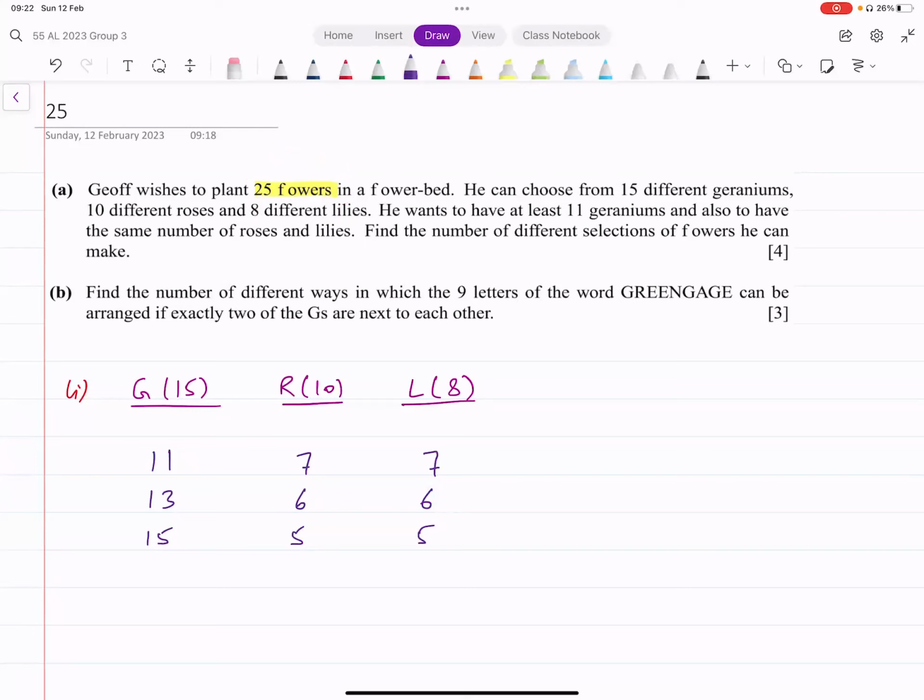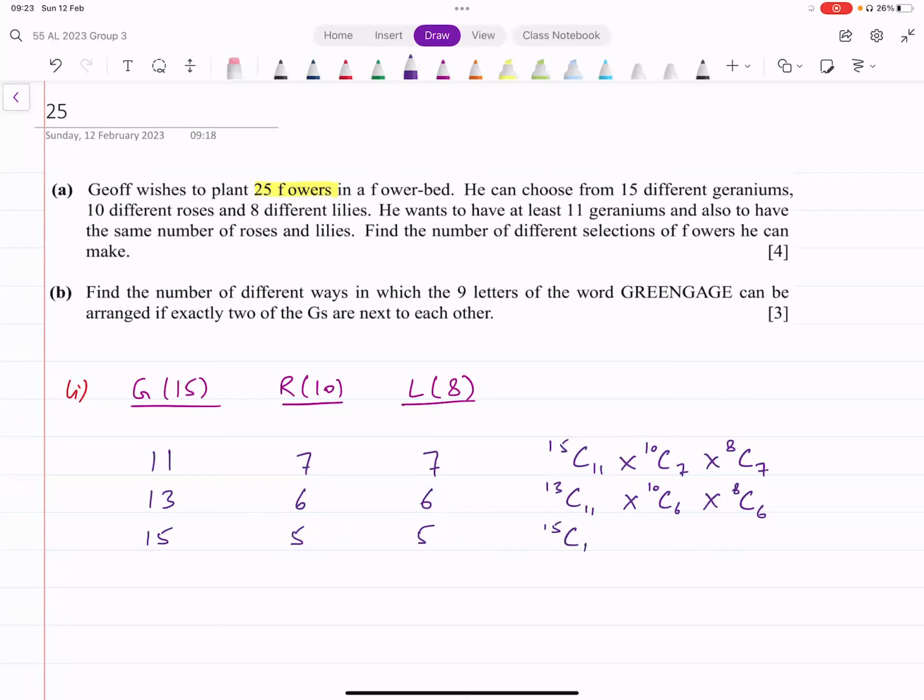Now, how is this going to work? First case आपके पास क्या आ गया? You're selecting 11 out of 15 and 7 out of 10 and 7 out of 8. That's the first possible case. Then the second possible case is you have 13C11 and 10C6 and 8C6.